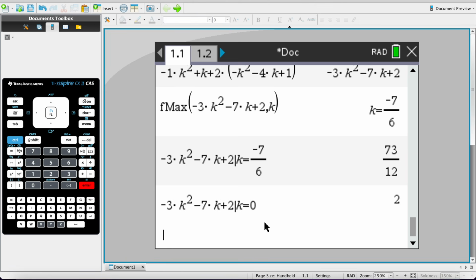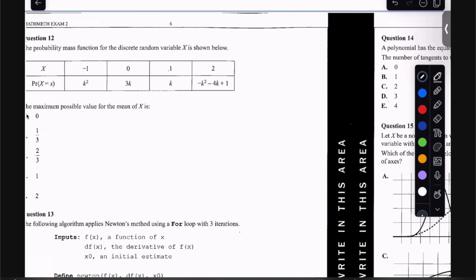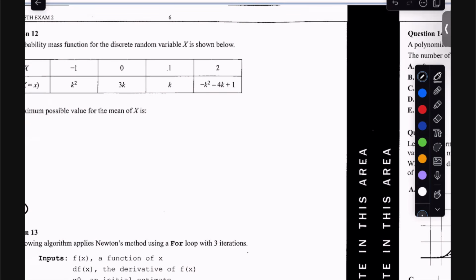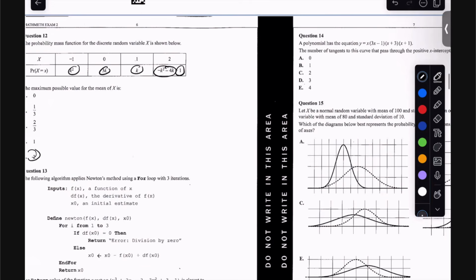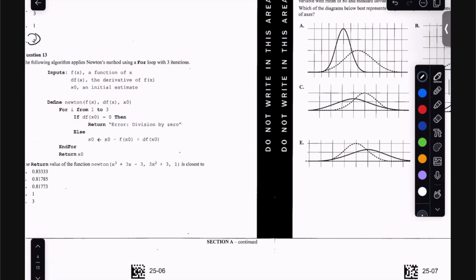Oh well, 2 is the biggest answer out of all the answer options. So that must be the biggest one, because we can have 2. And k can be 0 because 0, 0, 0, 0, and it adds up to 1. So that's fine.